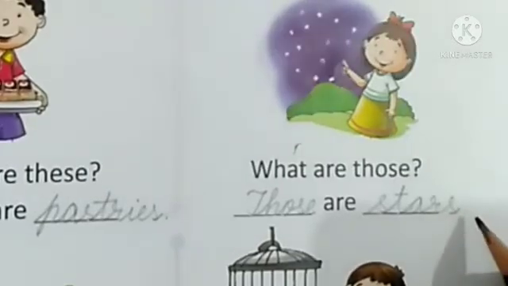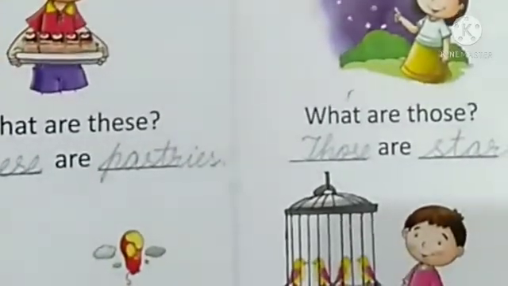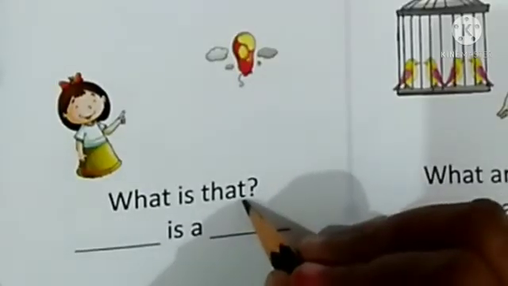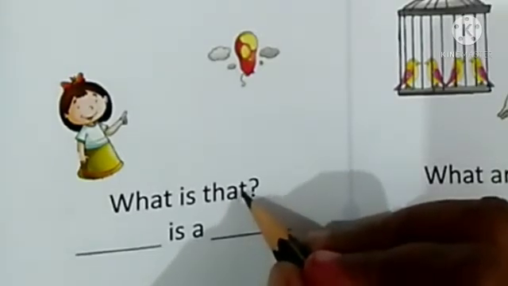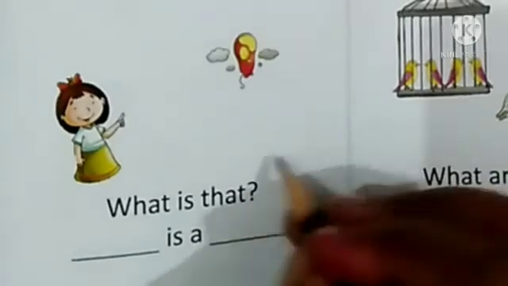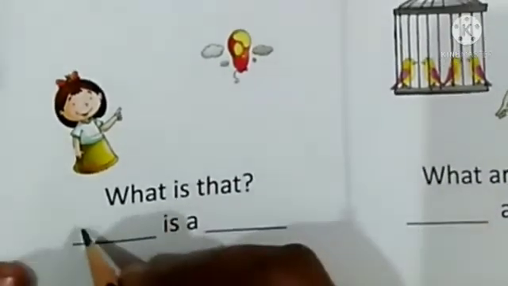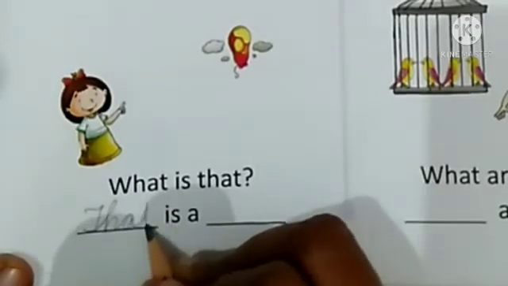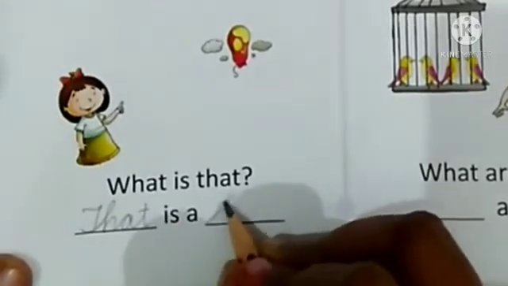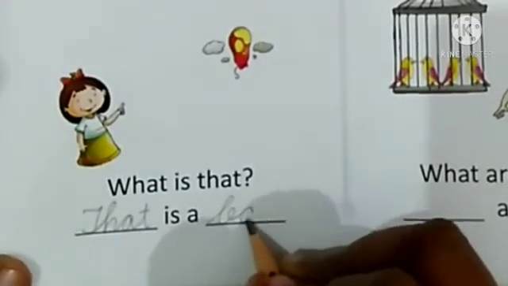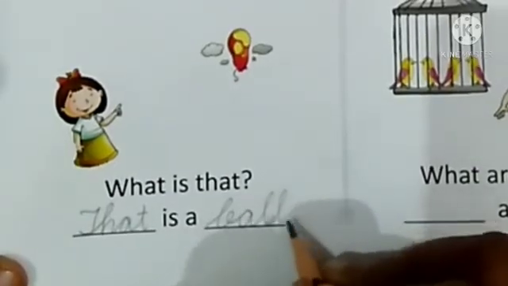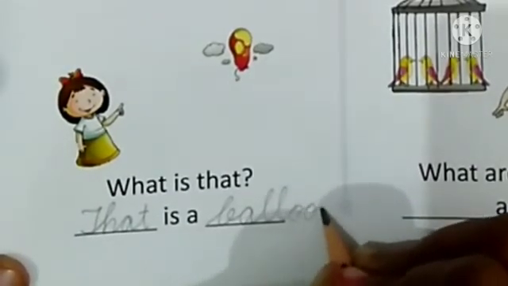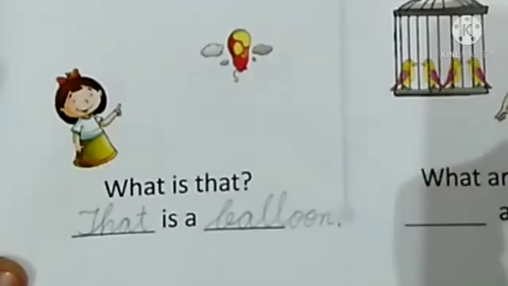Stars, full stop. What is that? That is used for the thing which is one in number and far from us. Okay, that is a balloon. That is a balloon, full stop.